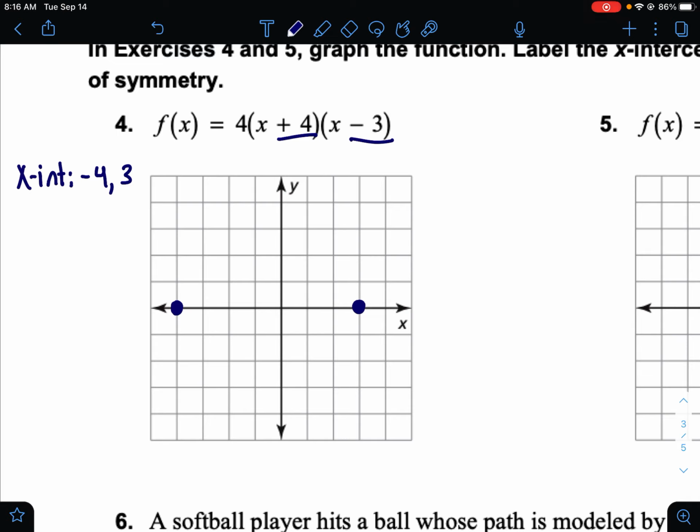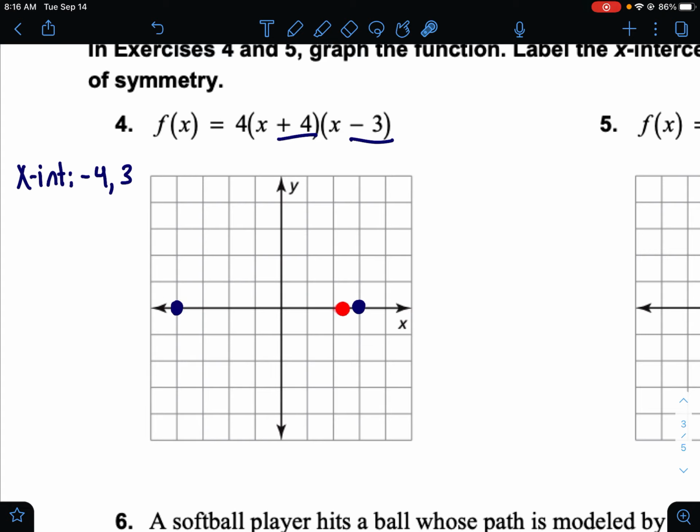Now what's great is that I already have 2 points. I only need a third point, which means I only need the vertex. But here is where that magical axis of symmetry comes in. Because I know that the parabola is symmetrical, I know that the vertex will be in between these. In fact, it'll actually be in the middle of these.